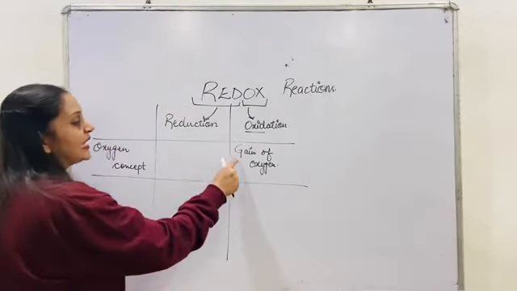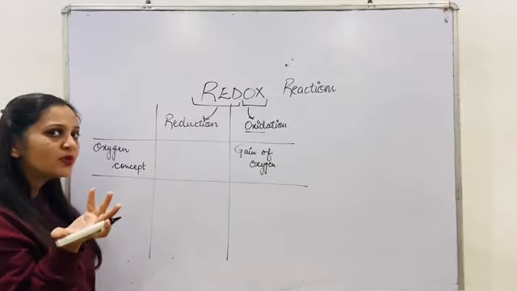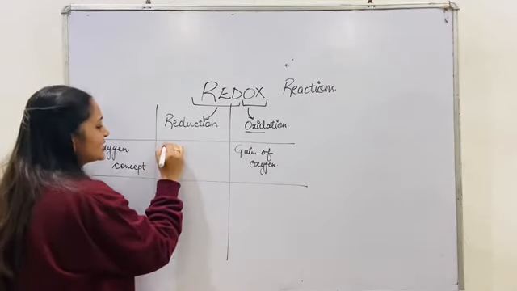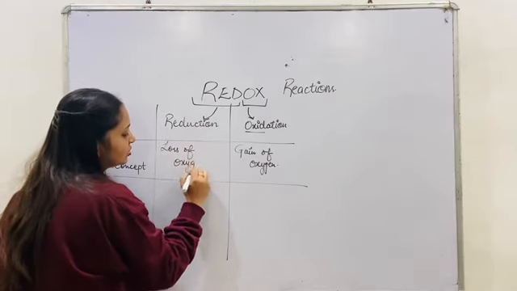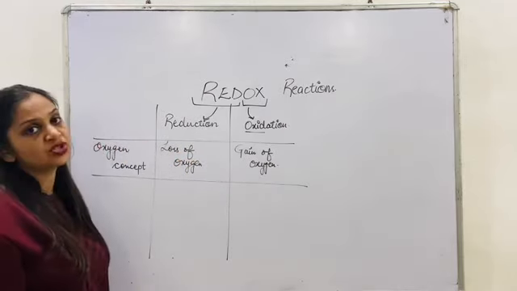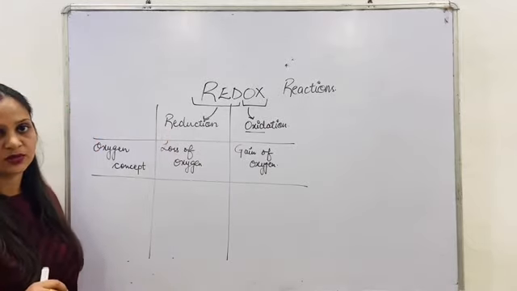Now if gain of oxygen is oxidation, then what would be the opposite of it? Yes, you are right. Loss of oxygen. Loss of oxygen in a chemical reaction will be termed as reduction.